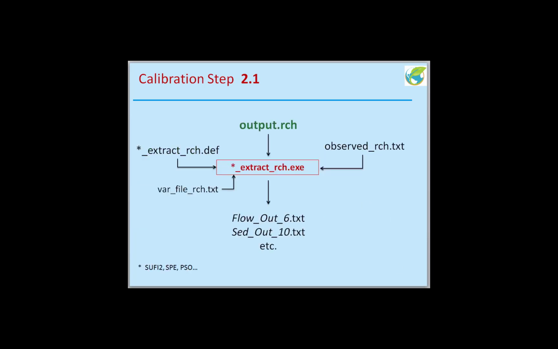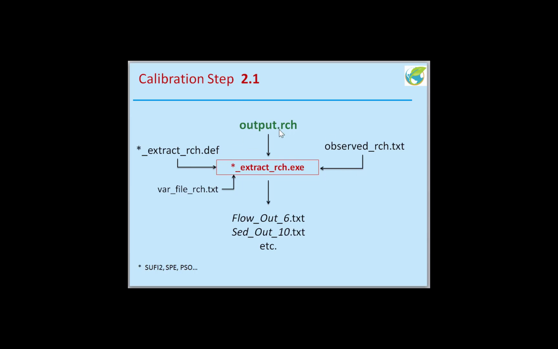To summarize, let's take, for example, output.reach. For this output file, we have a program called extract_reach exe file, and the star stands for the algorithm, either SUFI2, SPE, PSO, and so on. This program needs these inputs.